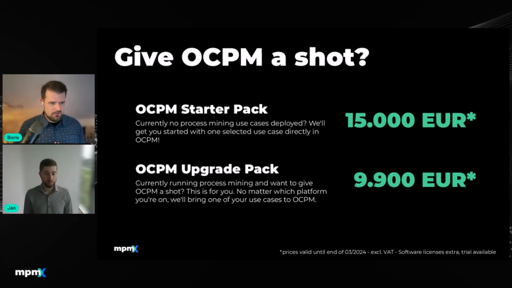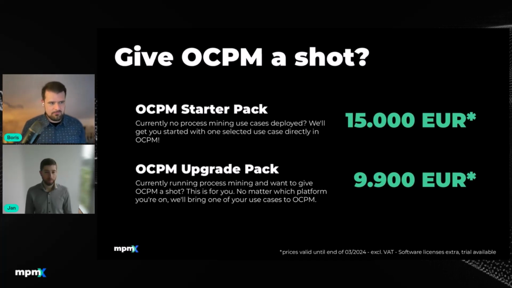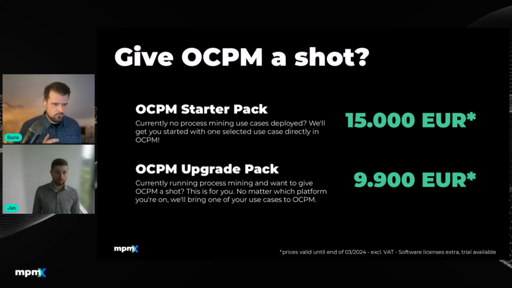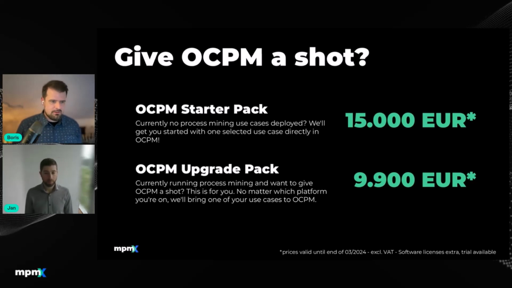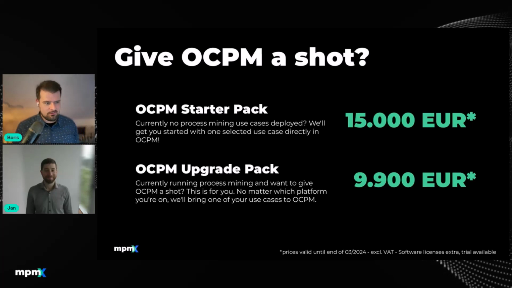Based on the prices currently on screen, it's 15,000 to get started from nothing, including a free trial. If you already have licenses and want to upgrade, we can set you up for just under 10 grand. And if you're not using mpmX yet, you're also entitled to a free trial.